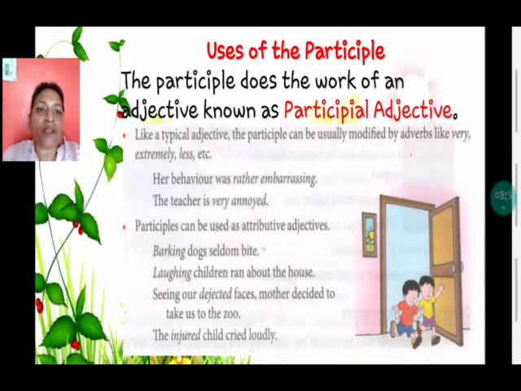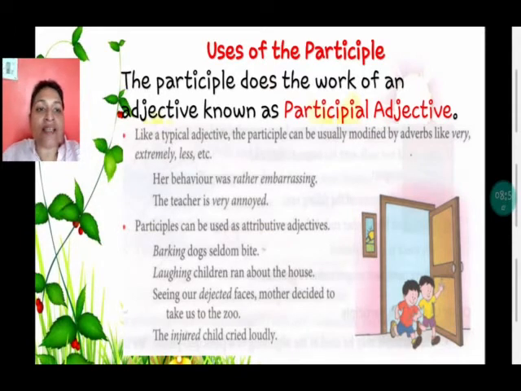Now, uses of participle. The participle does the work of an adjective, known as participial adjective. Like a typical adjective, the participle can usually be modified by adverbs. Like, her behavior was rather embarrassing. Participles can be used as attributive adjectives.